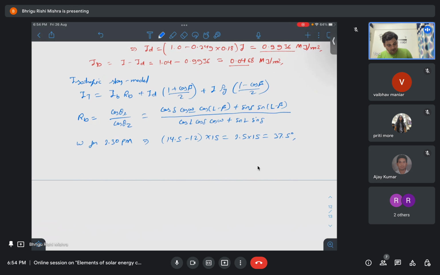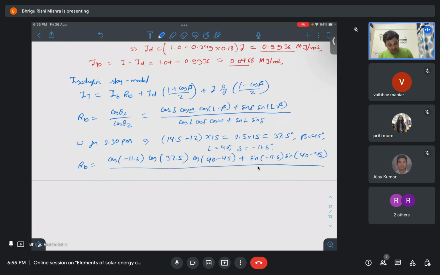Okay, so now we know omega, and beta is given as 45 degree. L is 40 degree, delta is minus 11.6 degree. So putting all these values: cos(minus 11.6) cos(37.5) cos(40 minus 45) plus sin(minus 11.6) sin(40 minus 45), upon.